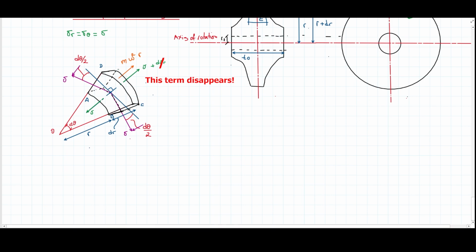So what happens now if I do the equilibrium analysis for this case? Well, in the face defined by the segment AB, what's going to be the force there? The force is going to be the stress times the area of this face on the bottom, and the area of that face is going to be R delta theta T. That's it.